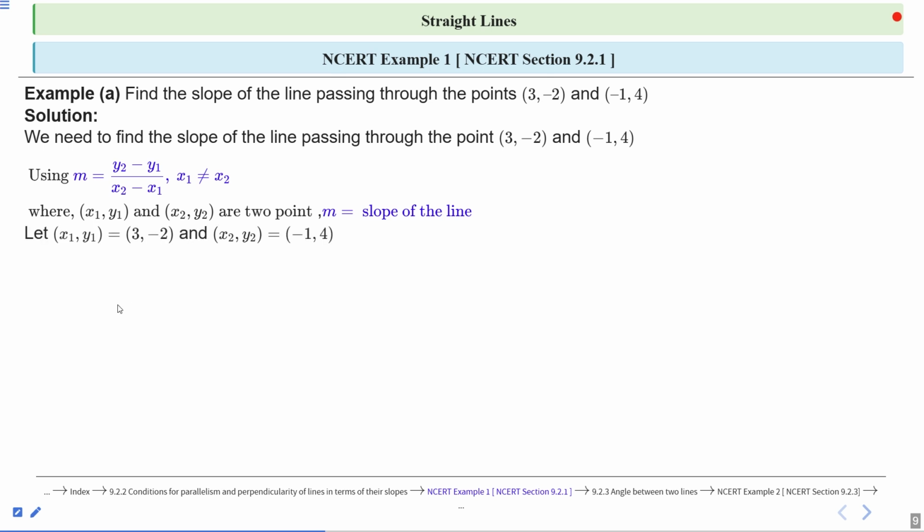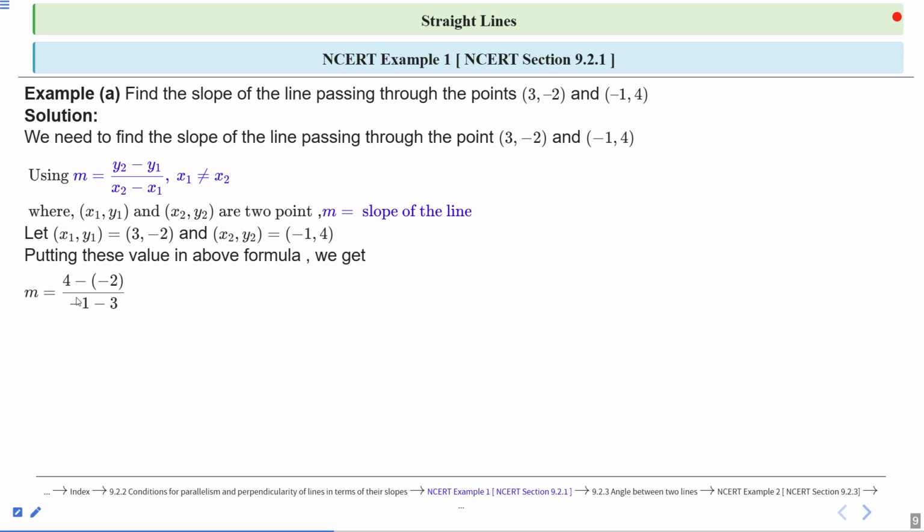So let (x1, y1) be (3, -2), and (x2, y2) is given to us as (-1, 4). Putting these values in the above formula, m equals (y2 minus y1) divided by (x2 minus x1), we get m equals 4 minus (-2) divided by -1 minus 3.